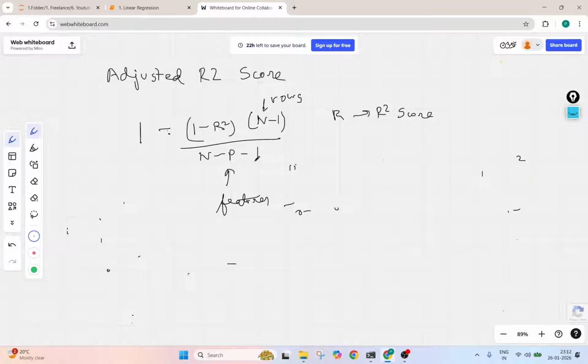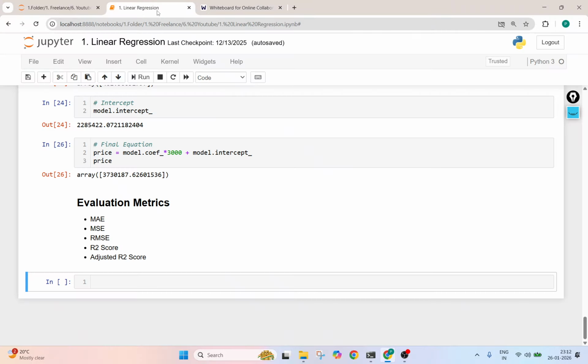All right. So now that we have learned the theory about all these evaluation metrics, let's see how to use them in our pre-built linear regression model. Let's quickly import all of this from the scikit-learn library.